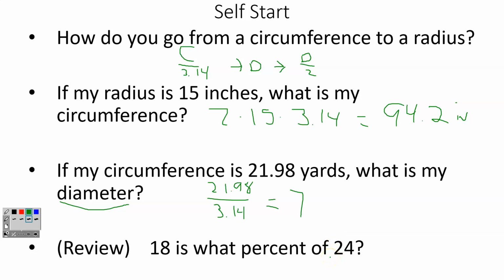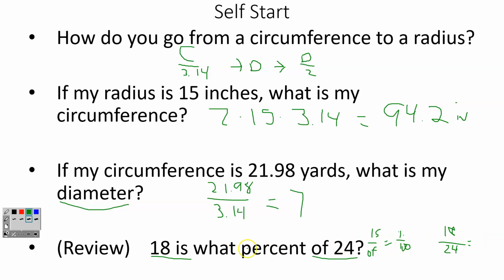And 18 is what percent of 24? So this is a review question from proportions at the beginning of last trimester. So we have to remember we're going to be using is over of equals percent over 100. So the is, we have to look for a number. So it says 18 is, so it's going to be 18 over of, I see of 24.